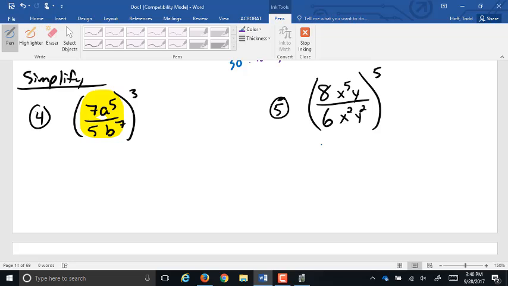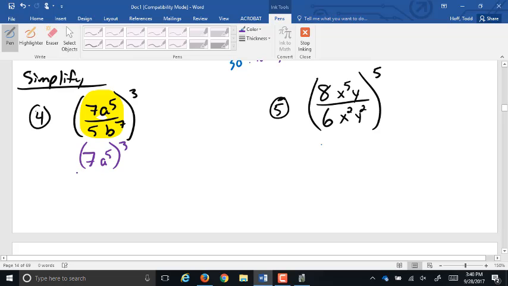The 7 and 5 can't be reduced as a fraction, and the a to the 5th, b to the 7th, there's nothing that can divide out or combine there. So then what we're going to do is split this down. It's the numerator to the 3rd power, so 7a to the 5th to the 3rd power, and then the denominator to the 3rd power.